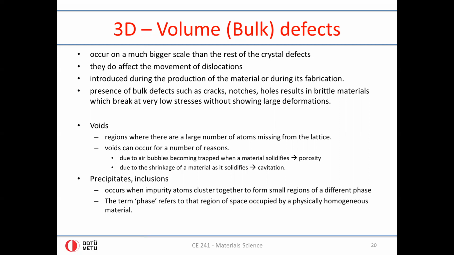And when you have atoms moving along and suddenly they reach a zone where there is a 3-dimensional problem, this will disturb the movement, and it will make the movement happen more easily or restrict the movement. Hence, 3-dimensional defects are extremely important.